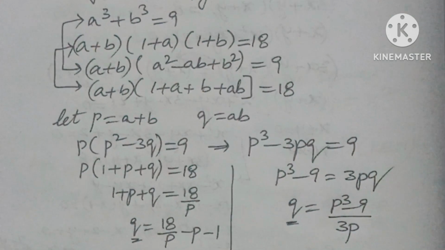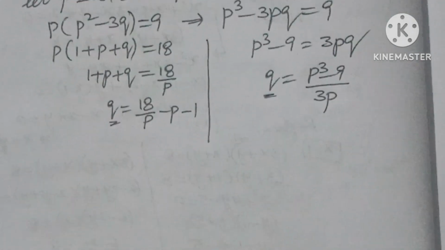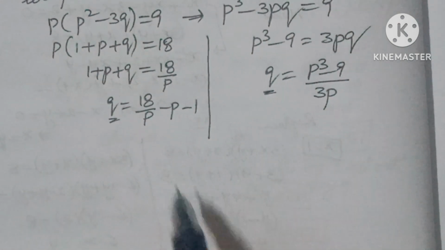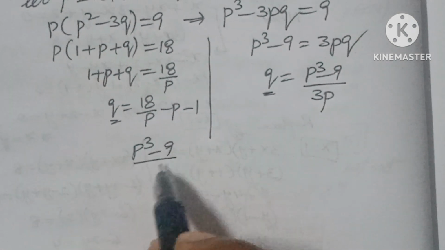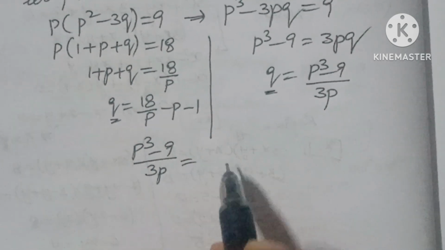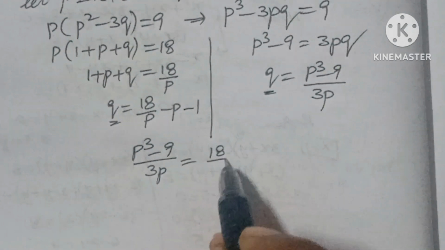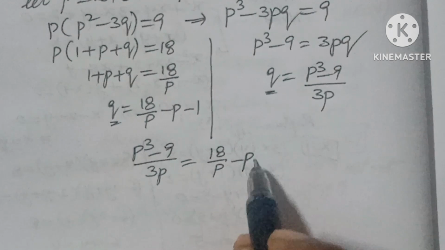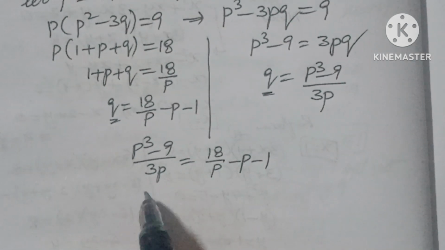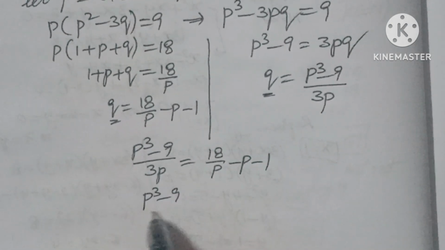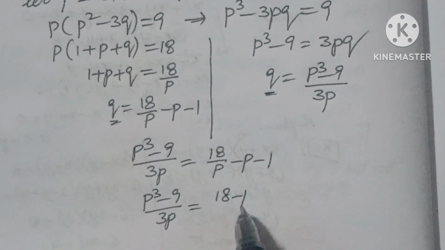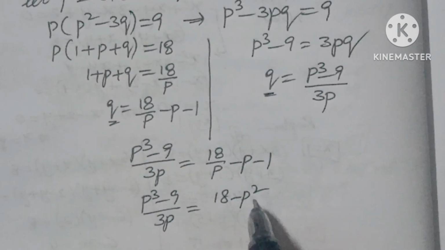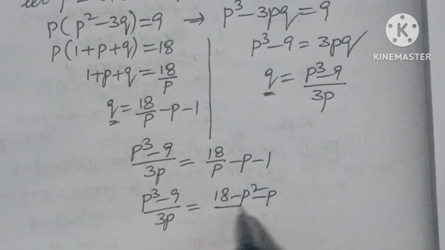Both Q values are the same, so now eliminate Q: (P³ - 9)/(3P) = 80/P - P - 1, which is (P³ - 9)/(3P) = (240 - 3P² - 3P)/(3P).